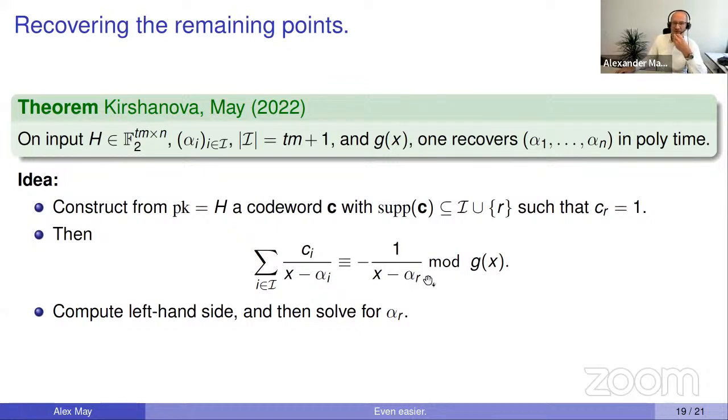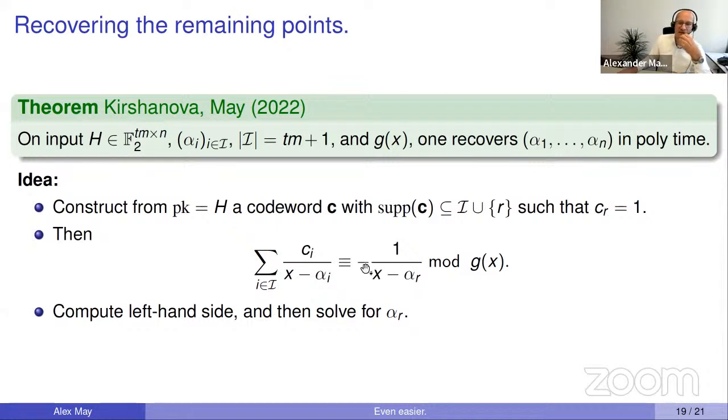But now there's a difference because I know g(x). So what I do now, I can compute the left-hand side of this. I can compute all the inverses, and then I get a polynomial here. If I take the inverse of this polynomial, then it's a linear polynomial x minus alpha r.